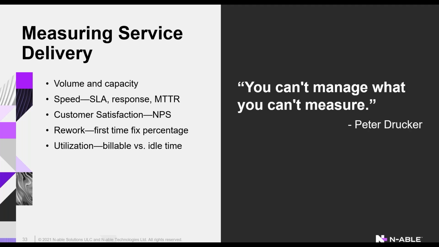First time fix percentages, utilization time, right? Going into that adage or the quote here from Peter Drucker, you can't manage what you can't measure, right? And in some senses, the PSM world, that's very difficult.